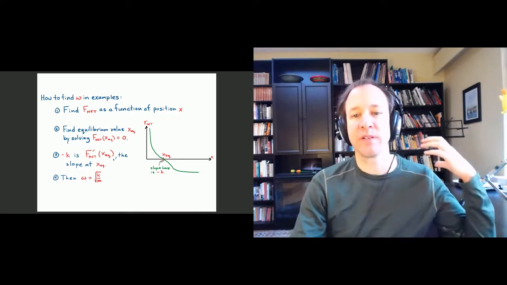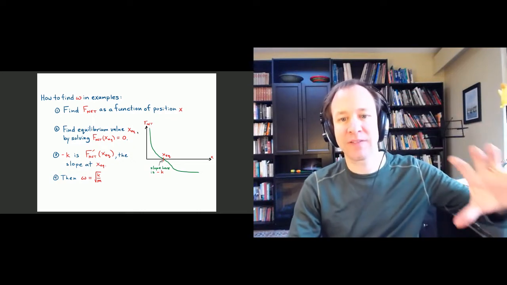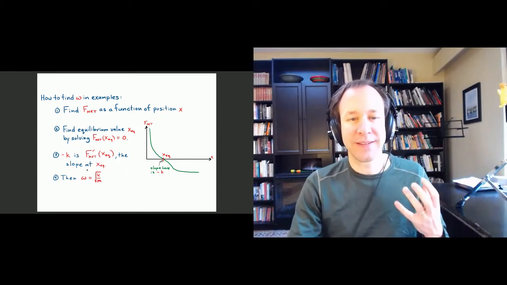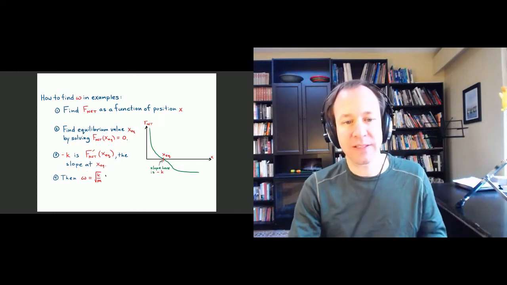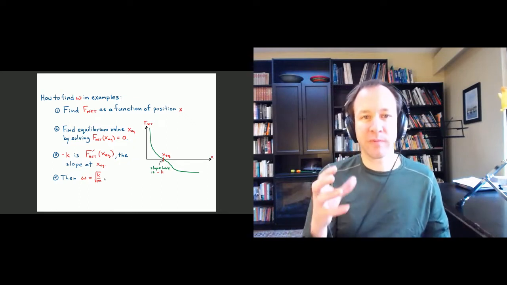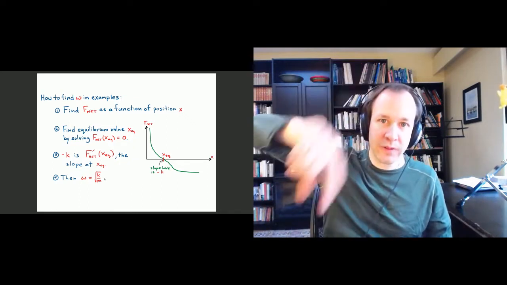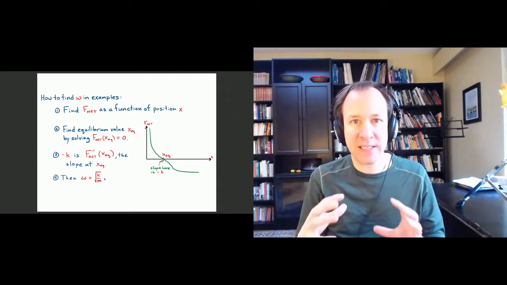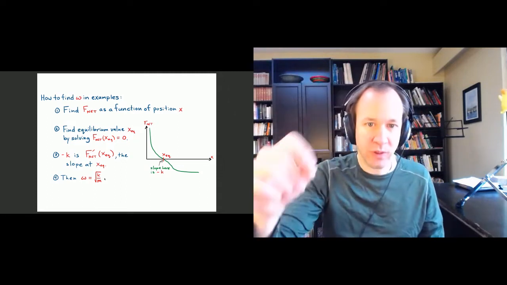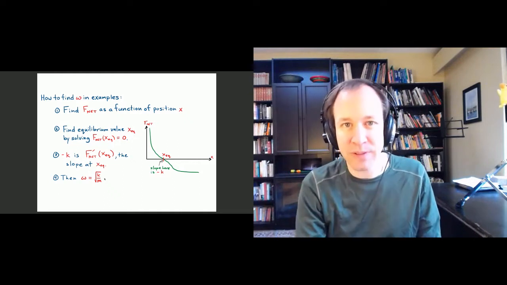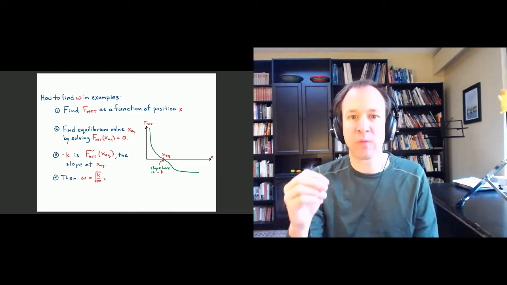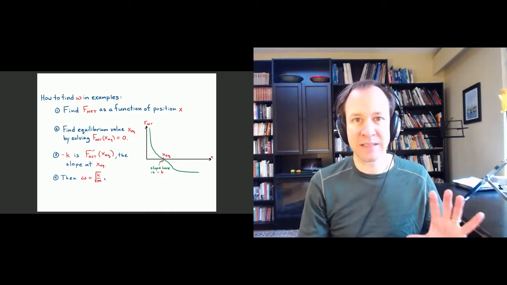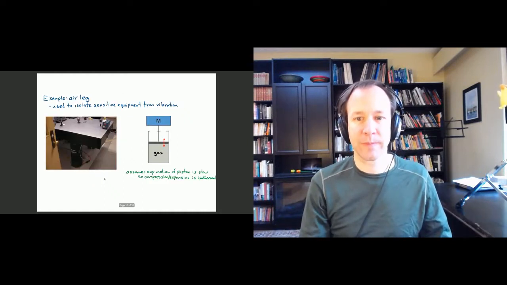So we're going to take the derivative of our f net at the equilibrium position. The magnitude of that will be the slope, and that's what you plug into our formula: omega equals square root of k over m. That is our basic process. We're going to work through it in this question. There's another example in tutorial, and there'll be another example in homework. This is probably the most complicated kind of question to see with regard to oscillations.